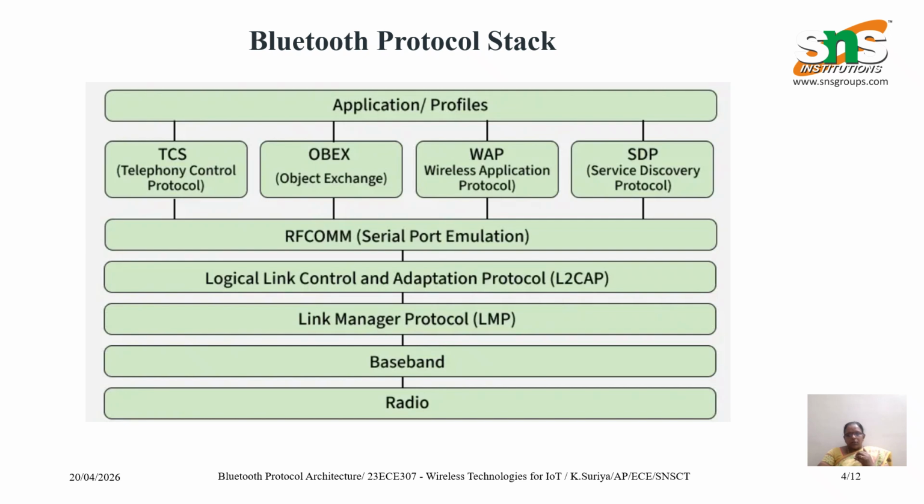First, the Bluetooth protocol stack consists of multiple layers, each responsible for specific functions to enable reliable wireless communication between the devices. Let us see about each layer one by one.